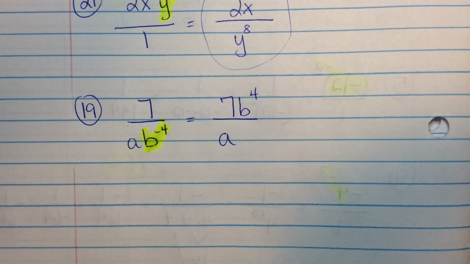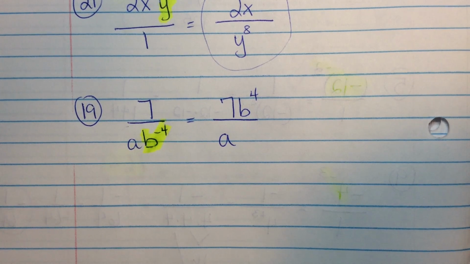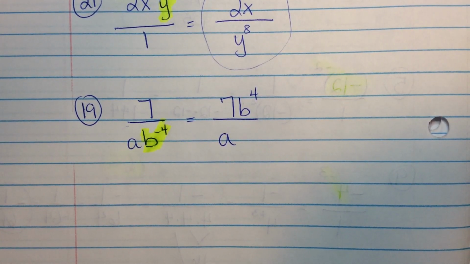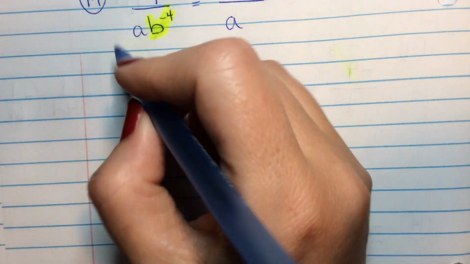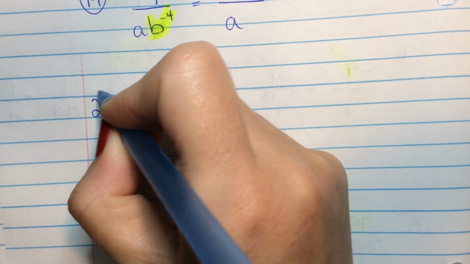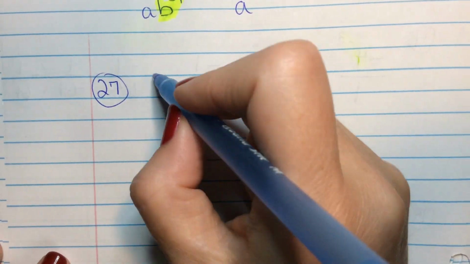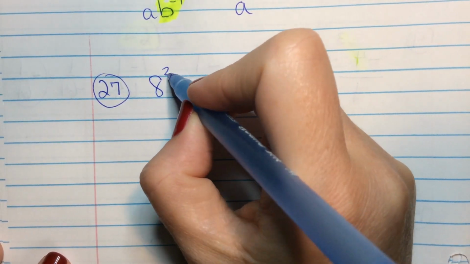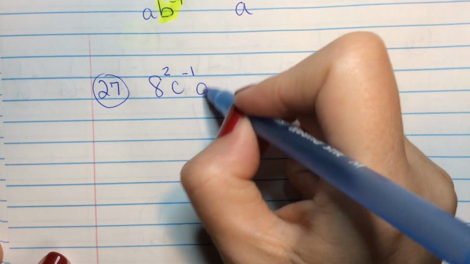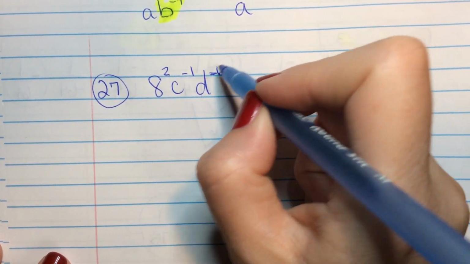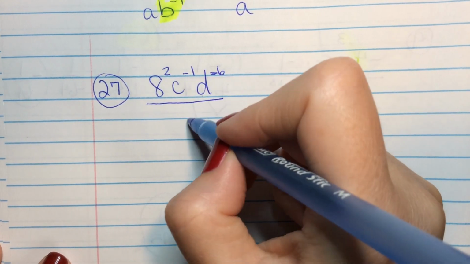All right, let's try some from the last block. And they look hard, but they're not going to be. Let's do 27. We'll start with that. So we got 8 squared, c to the -1, d to the -6, over 5.